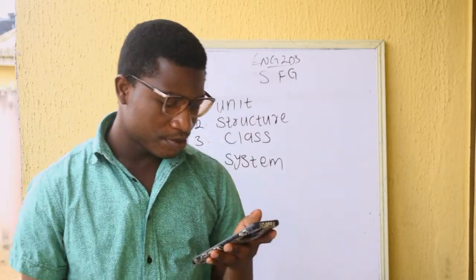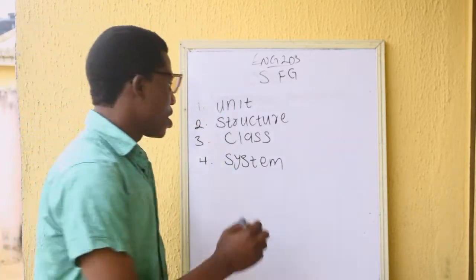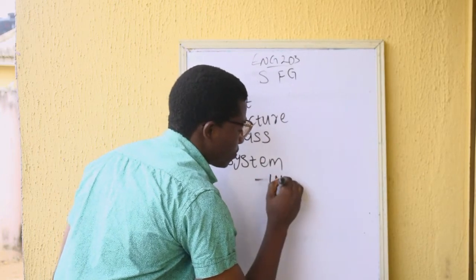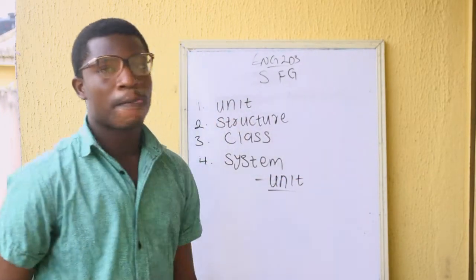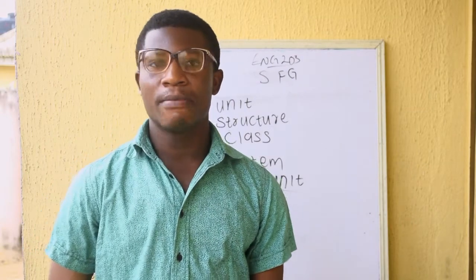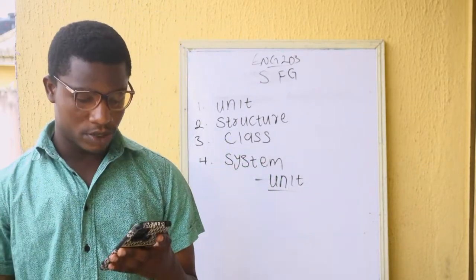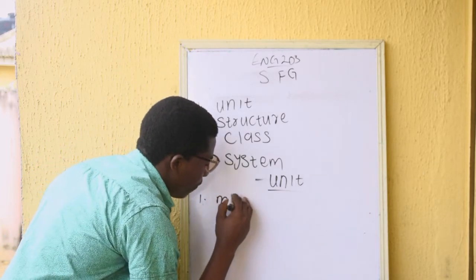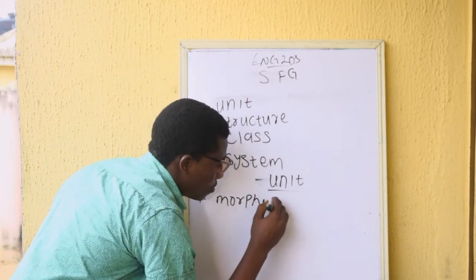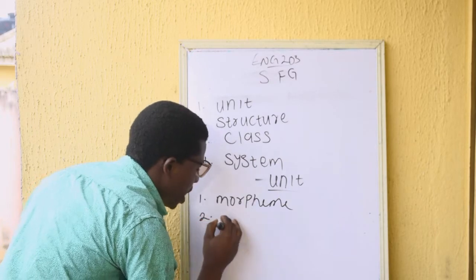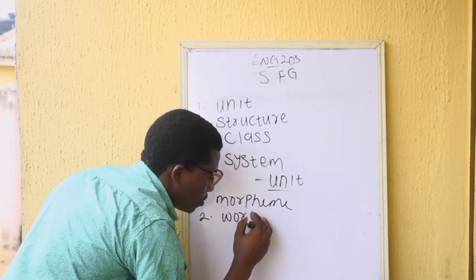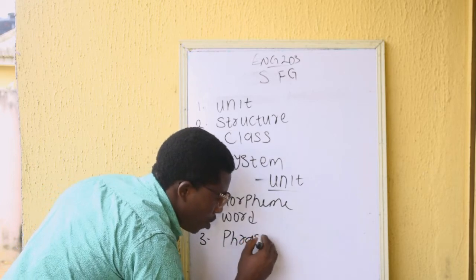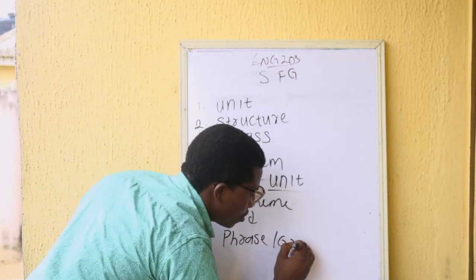So now, let's take unit first. In grammar, we have 4 grammatical units, which are: number 1, morpheme. Number 2, we have the word. Number 3, we have the phrase, also called a group.